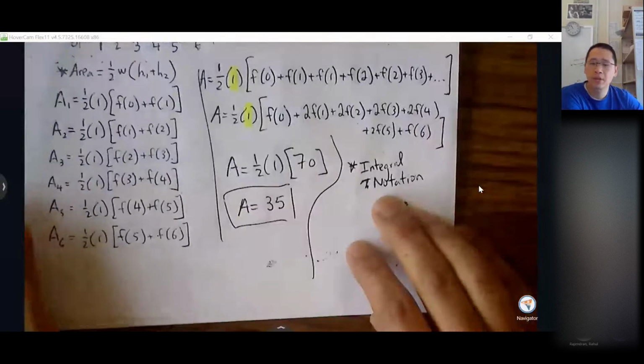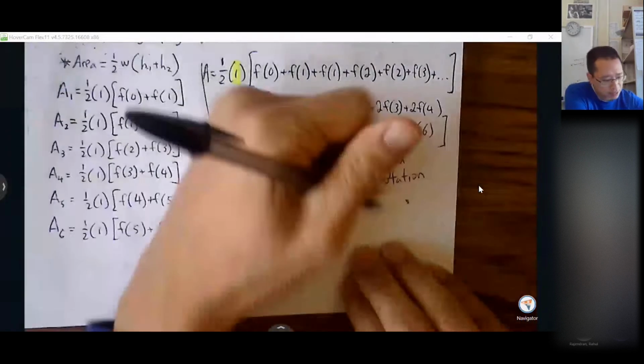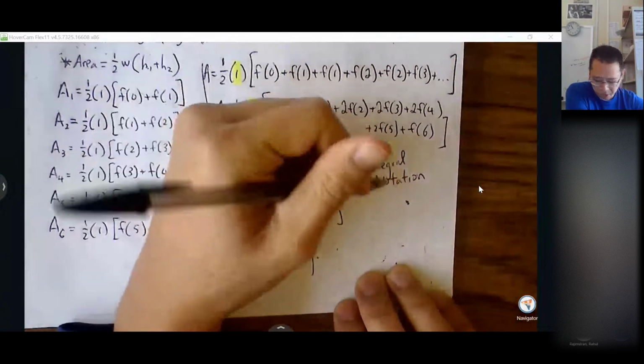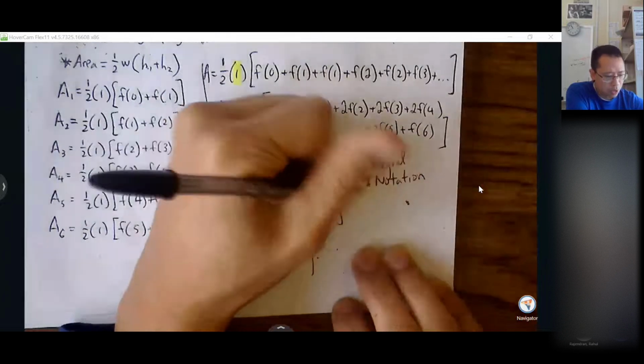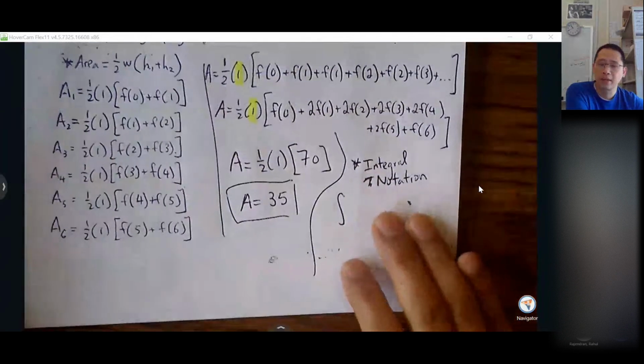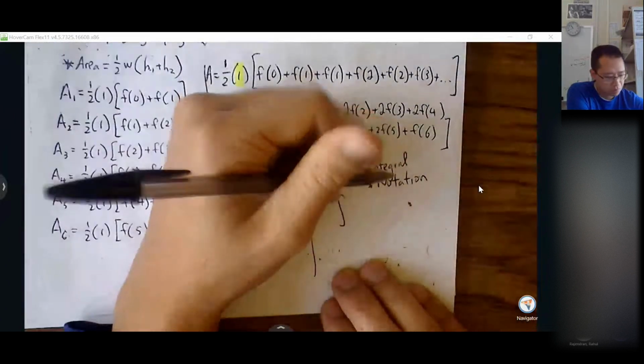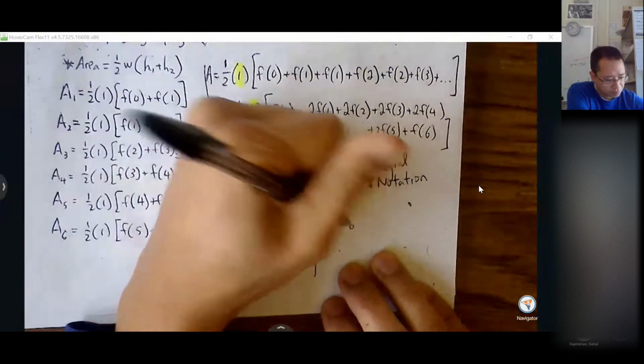We haven't quite talked about the notation for integrals just yet. We won't get to it until probably later after the quiz. So I just want to show you what this problem would look like if you were to see it in the textbook.